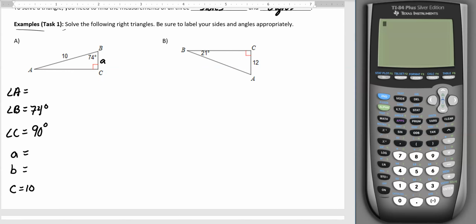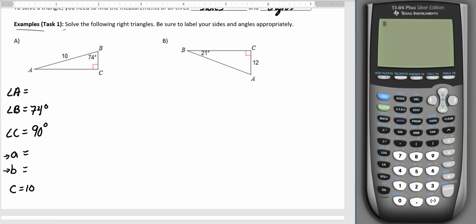So, what this means now is that we can use just this information, the 90 degree angle, 74 degree angle, and a hypotenuse of 10 to find angle A and side B. Let's start with angle A. We know that the interior angles of a triangle add up to 180 degrees. So all I need to do is subtract 90 and 74 from 180.